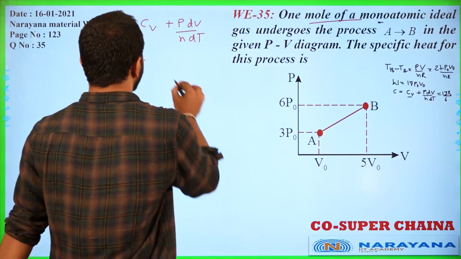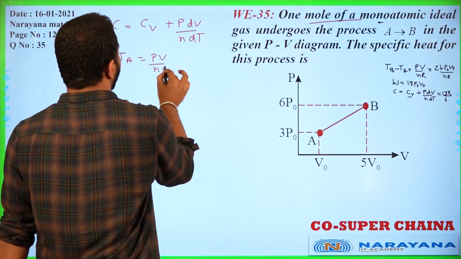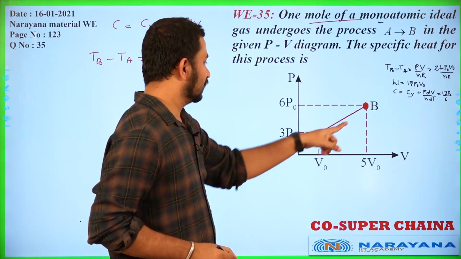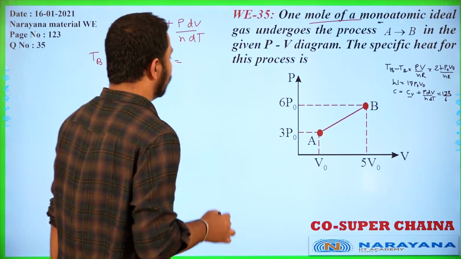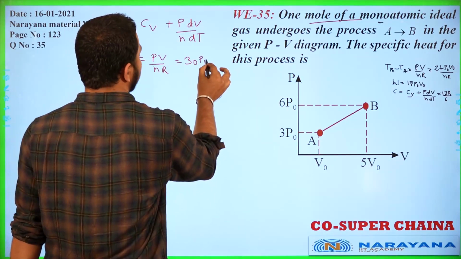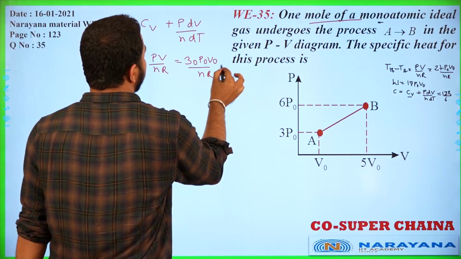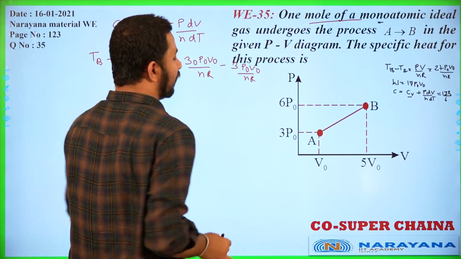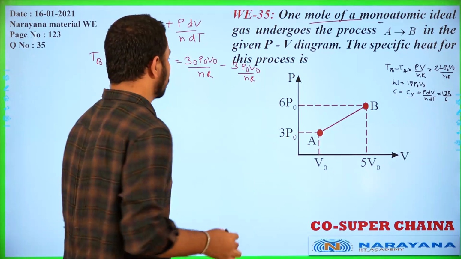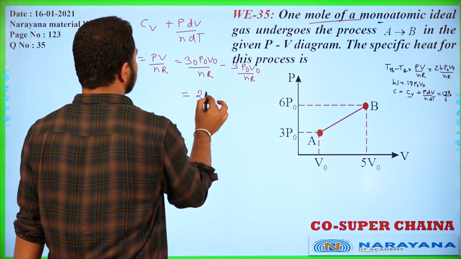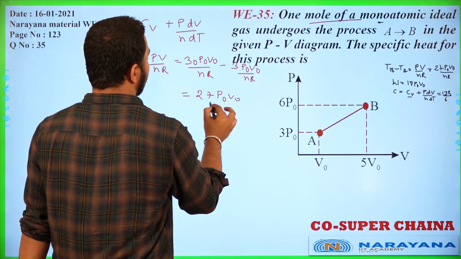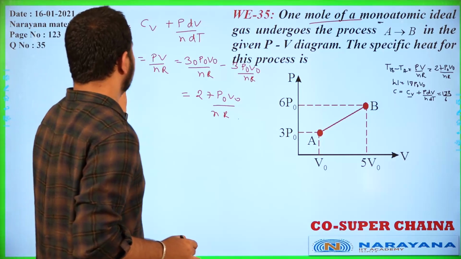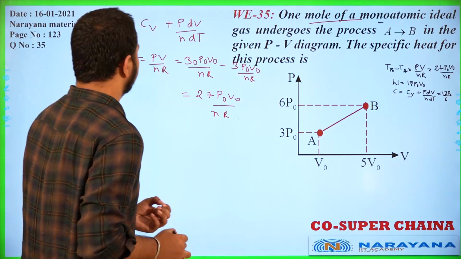If we write it in terms of PV by nR form, this will be 30 P0 V0 by nR minus 3 P0 V0 by nR. We are finding Y2 minus Y1 by X2 minus X1. So from here we are getting 27 P0 V0 by nR. This is the value of delta T which we got.